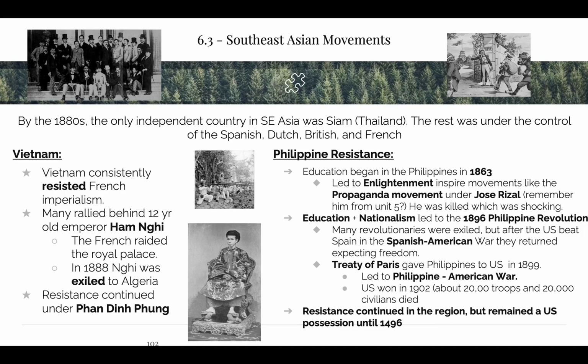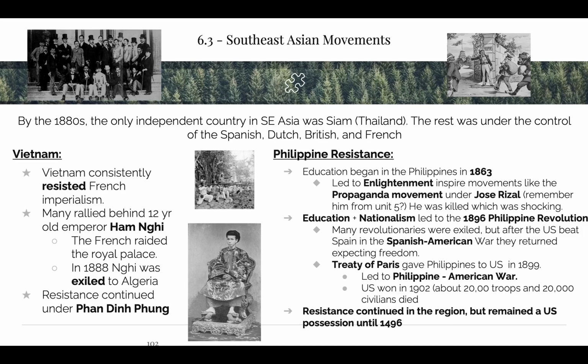So the people of the Philippines rebel under Jose Rizal. Jose Rizal is going to lead this massive propaganda movement about how America isn't actually the land of the free, unless you're white. Yeah, pretty on the nose.